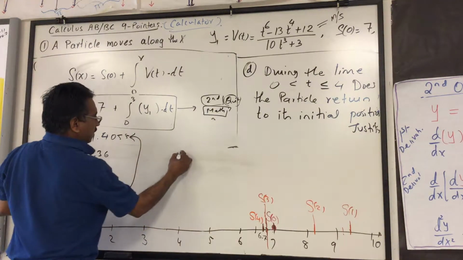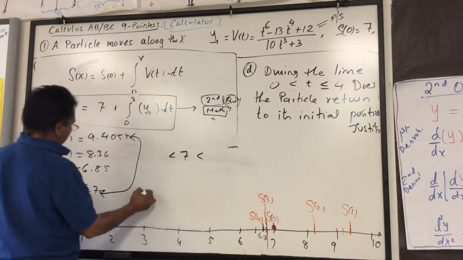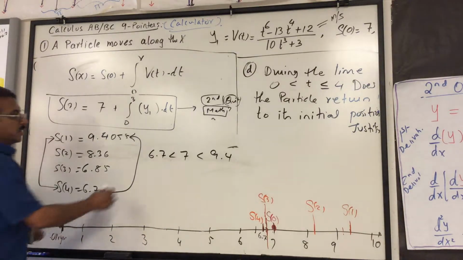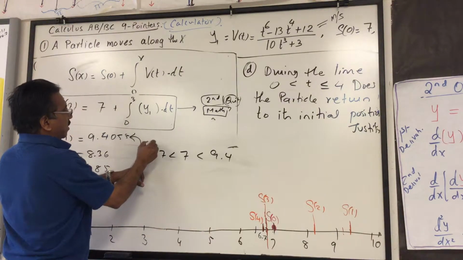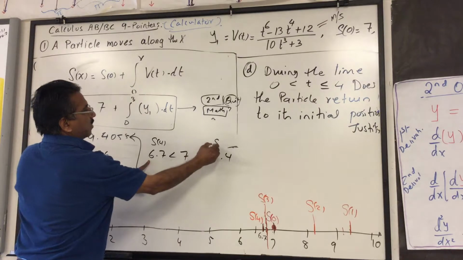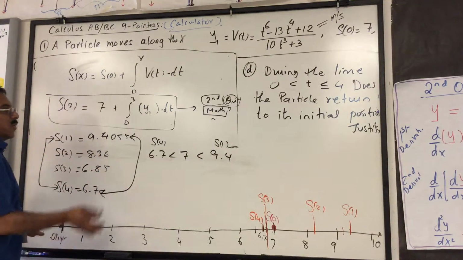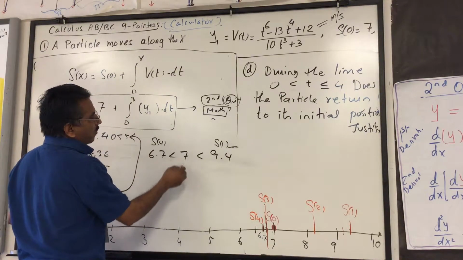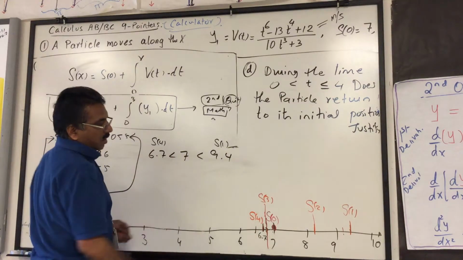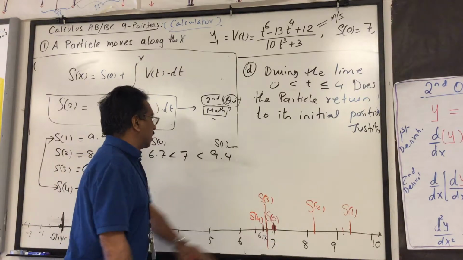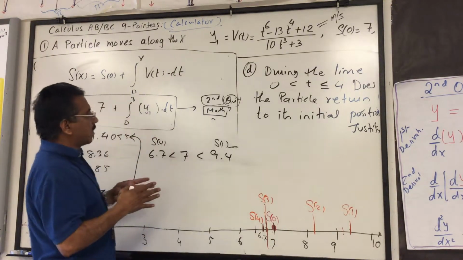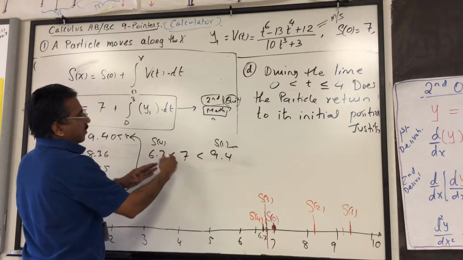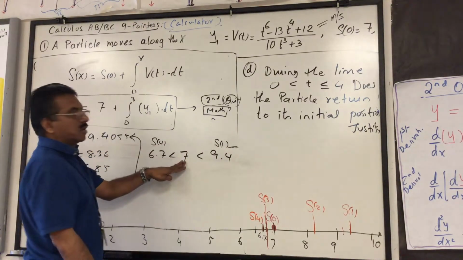Clearly 7 is between 6.7 and 9.4. This 6 is S of 4, and this is S of 1. So between 1 and 4 seconds, the 7 lies between. So naturally, for this 7, the position of the particle, there has to be at least one time between 1 second and 4 seconds where the position is 7.